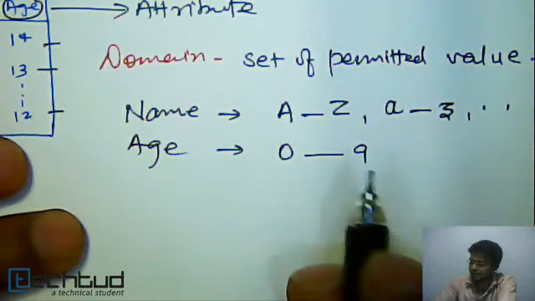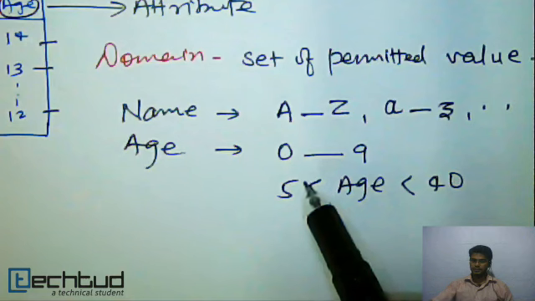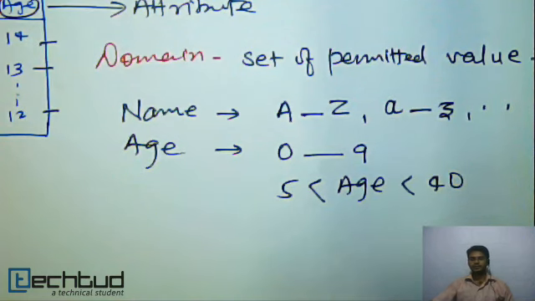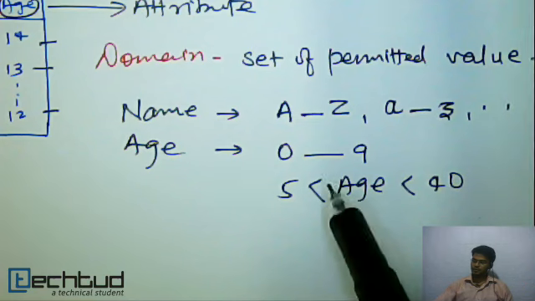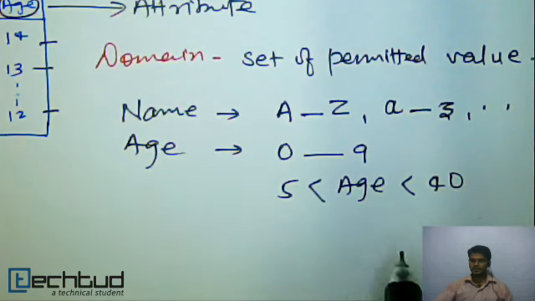Okay, so this is the set of permitted value for this particular attribute. Okay, it can have range 5 to 40, greater than 5 and less than 40, whereas the set of permitted values are 0 to 9. I mean the characters 0 to 9 only, we can represent this attribute with. Okay, so this is called domain.